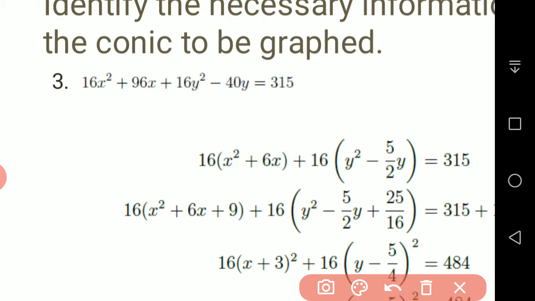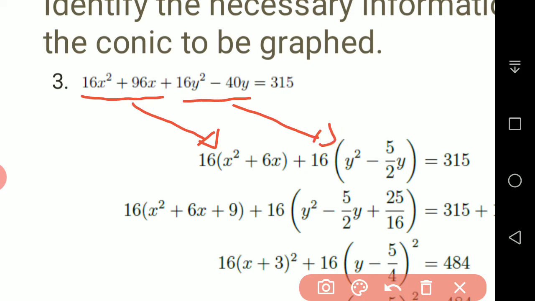However, you'll still get the same result. In this case, 16 has just been extracted from the binomial. Though dividing wouldn't do you any harm, you still get the same answer at the end.